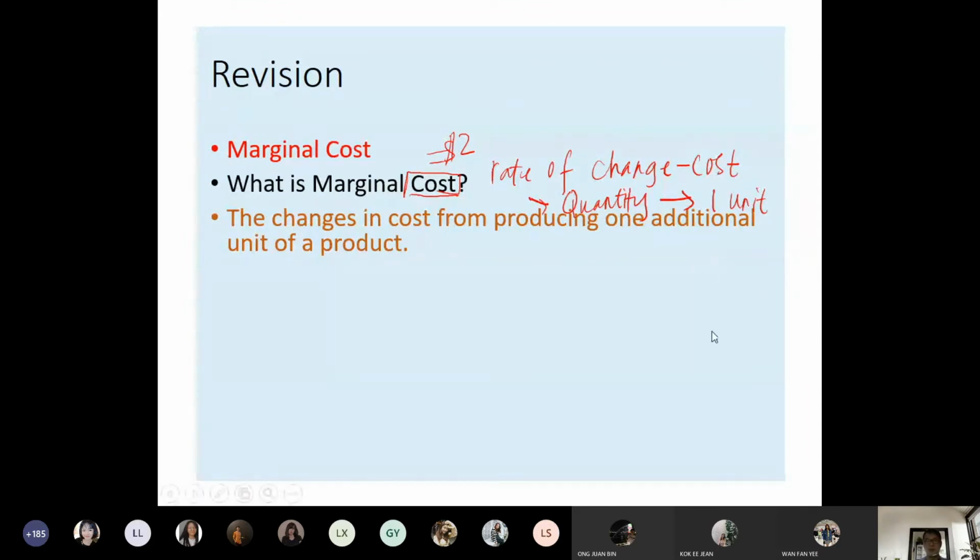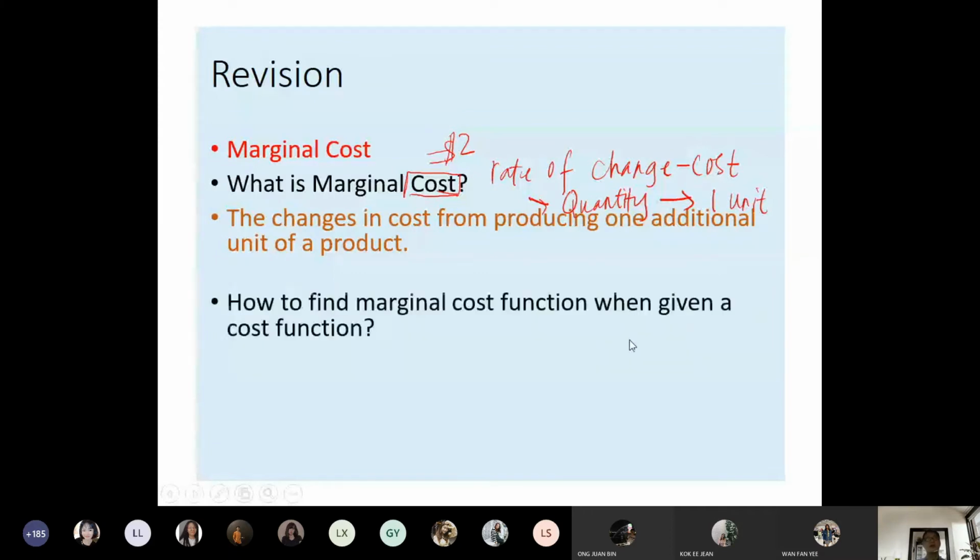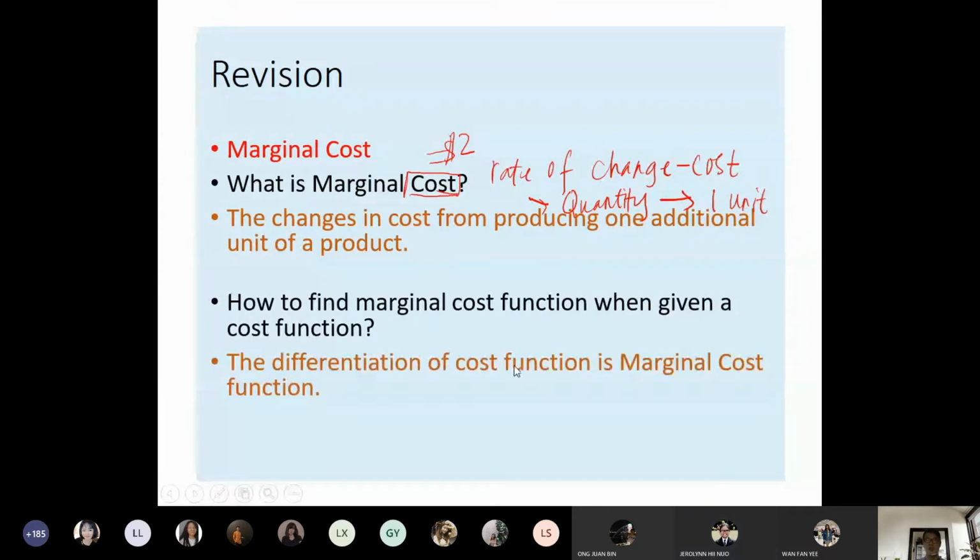Now how to find the marginal cost function when given a cost function? Derive the cost function. Very good. Yes, we differentiate the cost function, then we will get the marginal cost function.